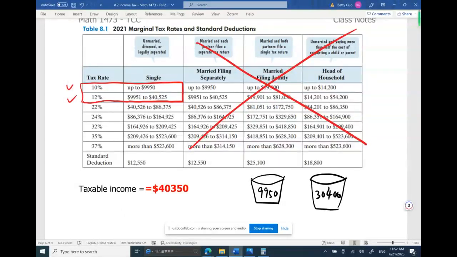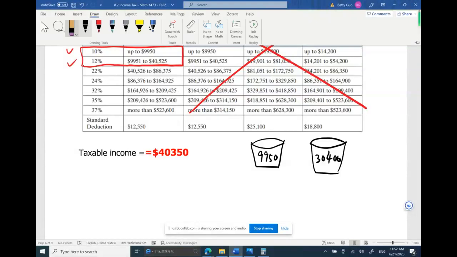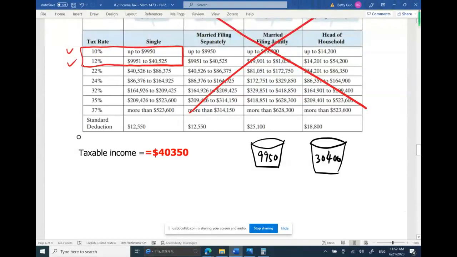We use 40,350 minus 9,950 to get 30,400. So that's how many buckets you have, all right? The money in the first bucket, you are going to apply a 10% tax rate on it. Yeah, that's what the law says.